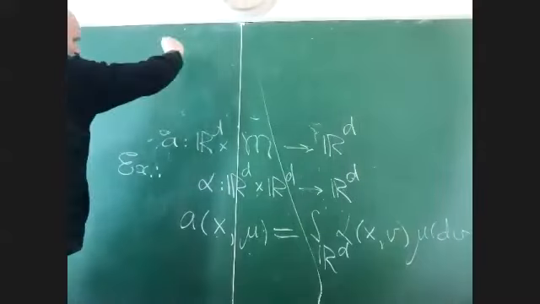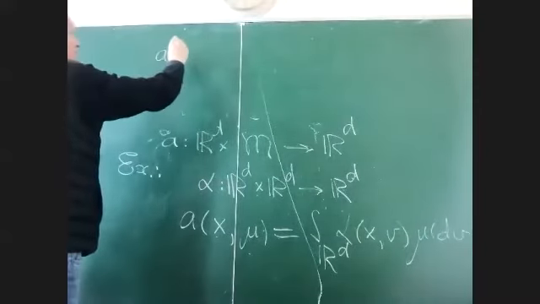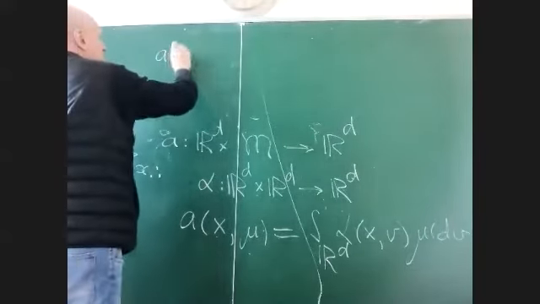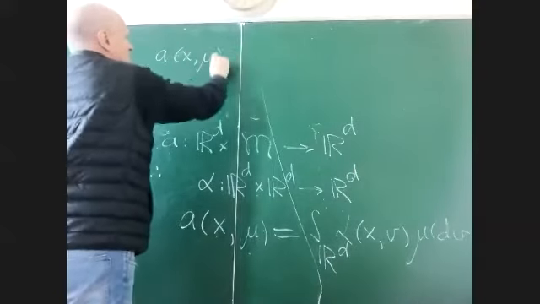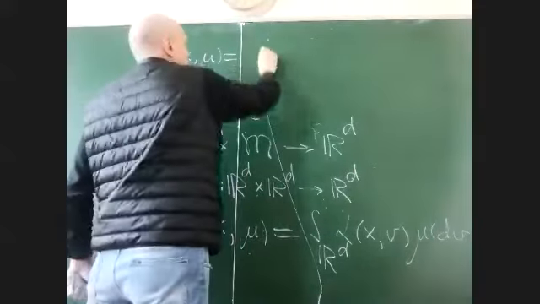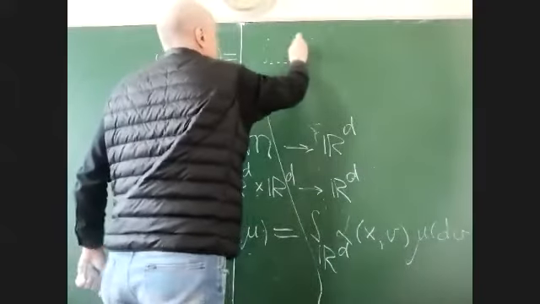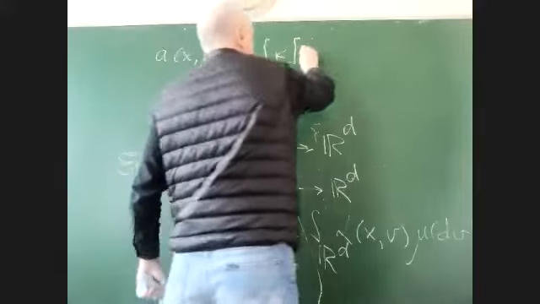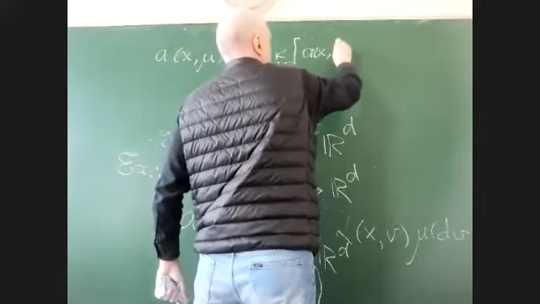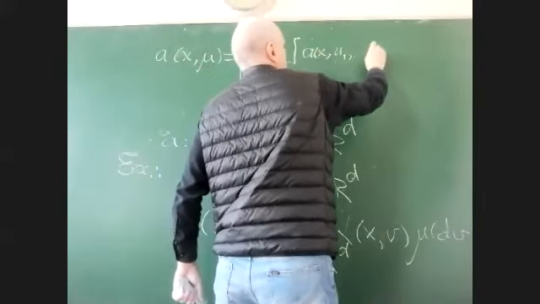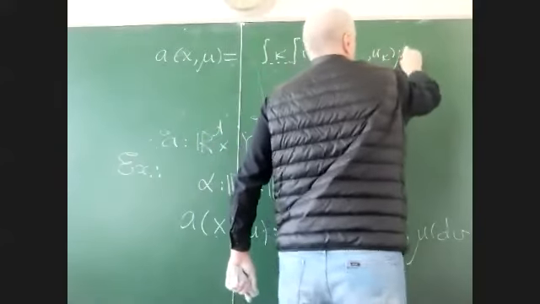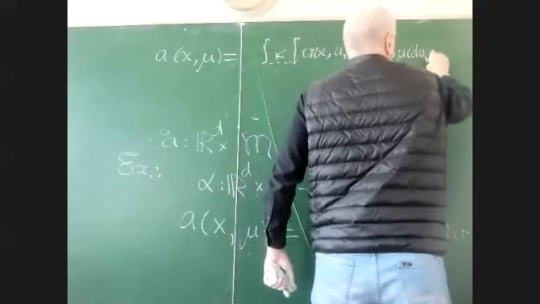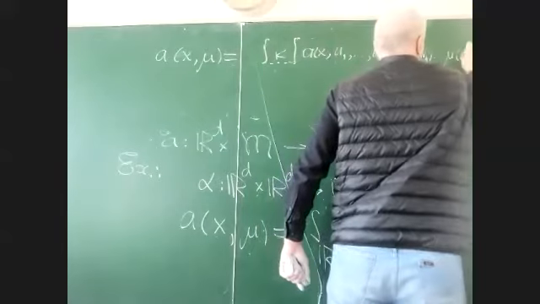So, for example, a(x, mu) is equal to the integral of a(x, u_1, ..., u_k) mu(du_1) ... mu(du_k).